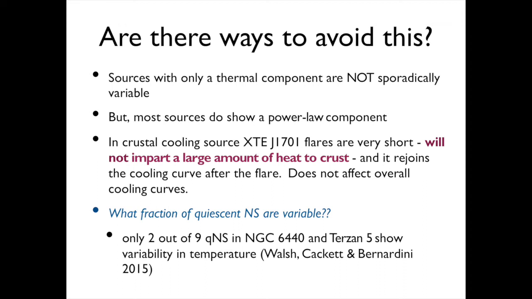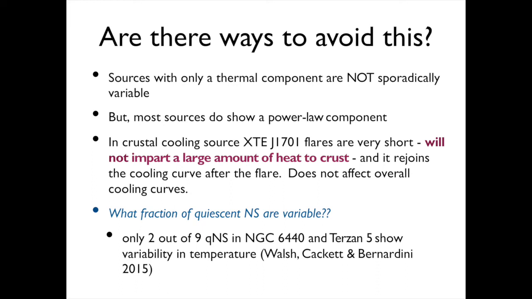You can also ask the question, is Cen X-4 just an odd object? It's actually one of the brighter quiescent objects in terms of its luminosity. And so we looked at a number of objects in the globular clusters, NGC 6440 and Terzan 5, to see what fraction are variable and what fraction show variability in their thermal component.